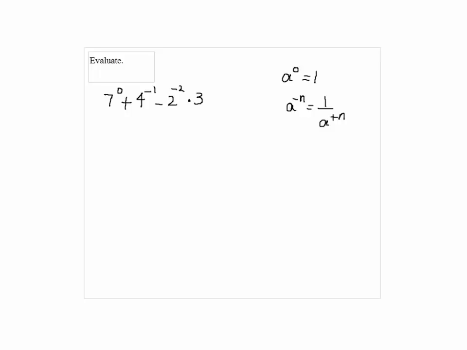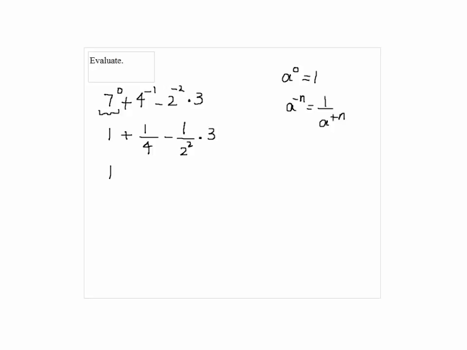A to the power of minus n is equal to 1 over a to the power of plus n. So 7 to the power of 0 would be equal to 1. 4 to the power of minus 1 would be equal to 1 over 4 to the power of 1, or 1/4.